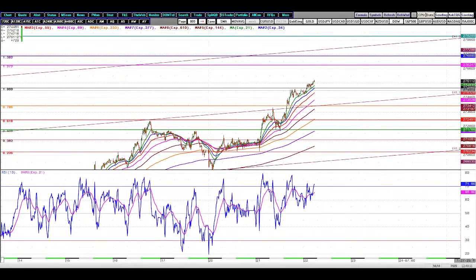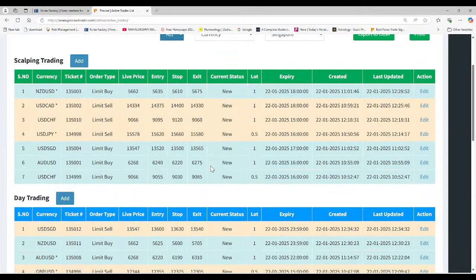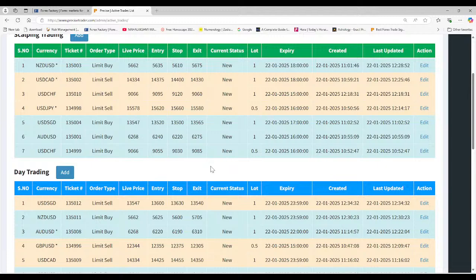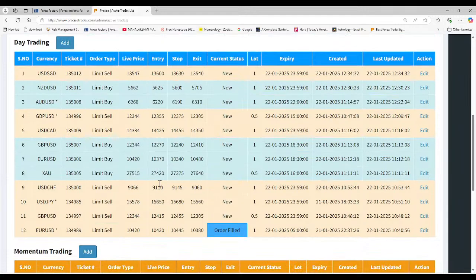Okay, so what we will do: I gave a call at 42, half lot, and that one I think we will change to 46.